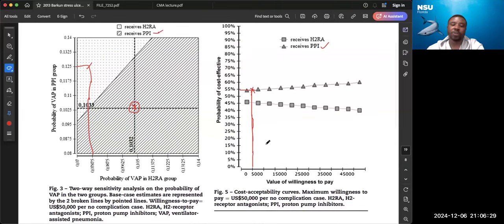And then they will give us, for example, if you are willing to pay 150,000, which one will be your best option? This one will be our best option because in this case, we are looking for the highest probability of cost effectiveness. And in the base case, they said the H2RA is dominated because whatever you are willing to pay, you still choose the PPI instead of the H2RA, because the H2RA is dominated and the PPI is dominant.